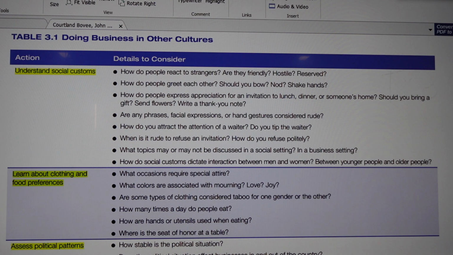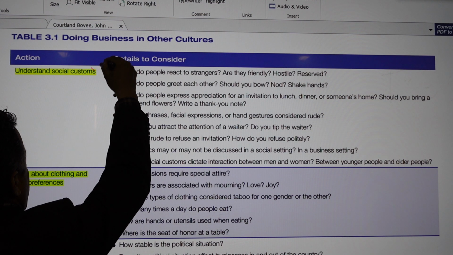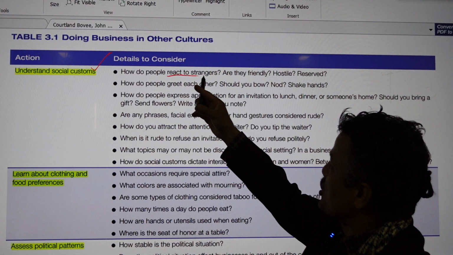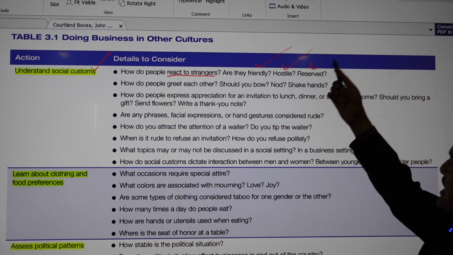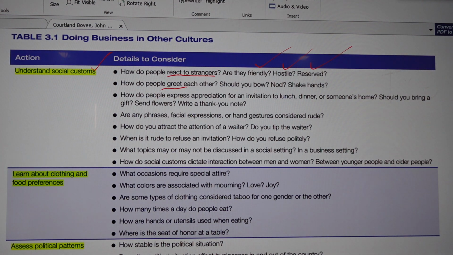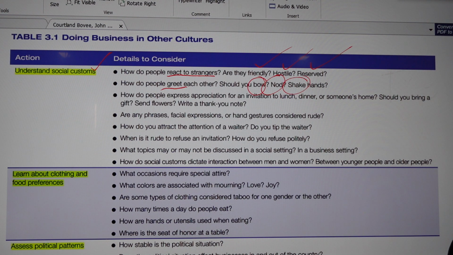So when you do business in other culture, understand their social customs, how they react to strangers. Are they friendly? Are they hostile? Are they silent, reserved? How they greet each other. Should you bow? Should you nod? Should you shake hands?